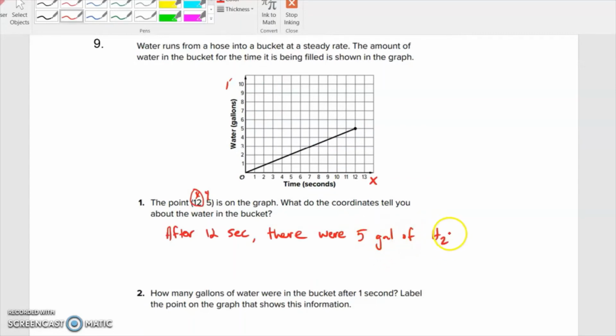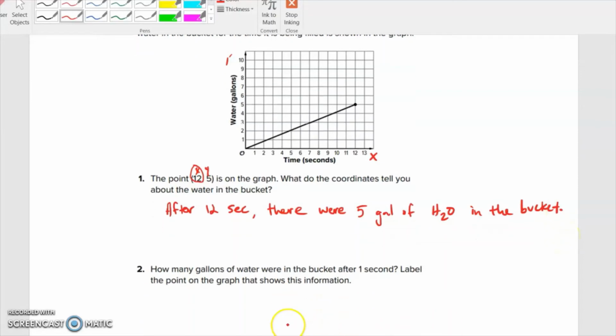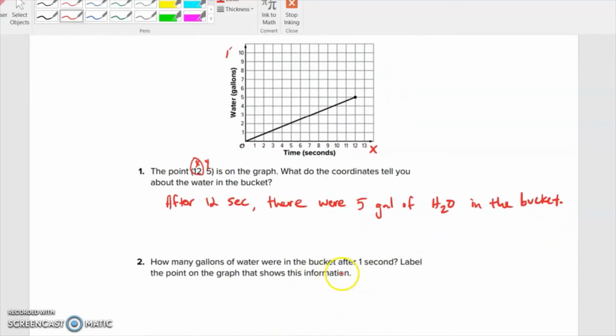I'm just going to say H2O to abbreviate it, in the bucket. Number 2 says how many gallons of water were in the bucket after 1 second. Label the point on the graph and show this information.